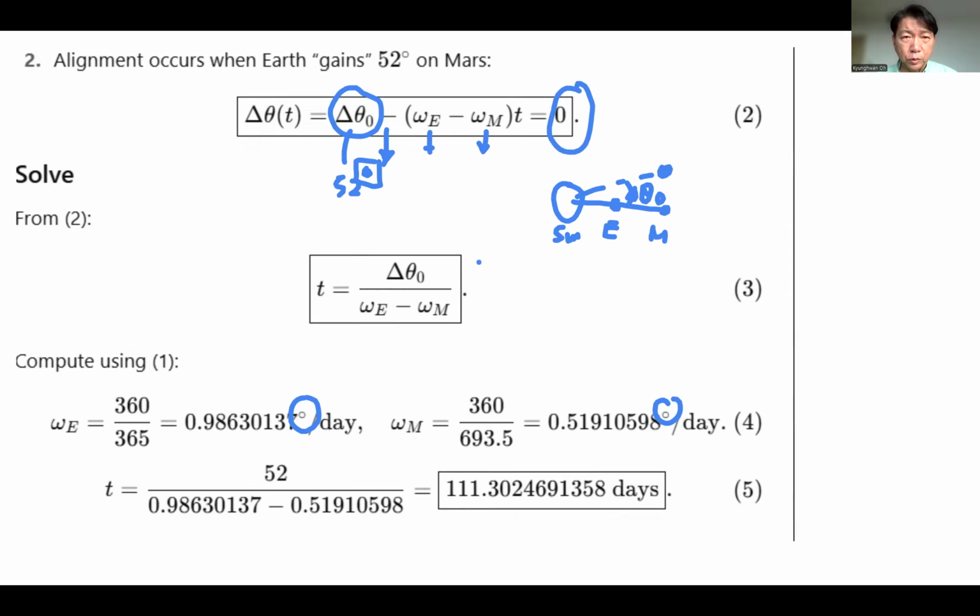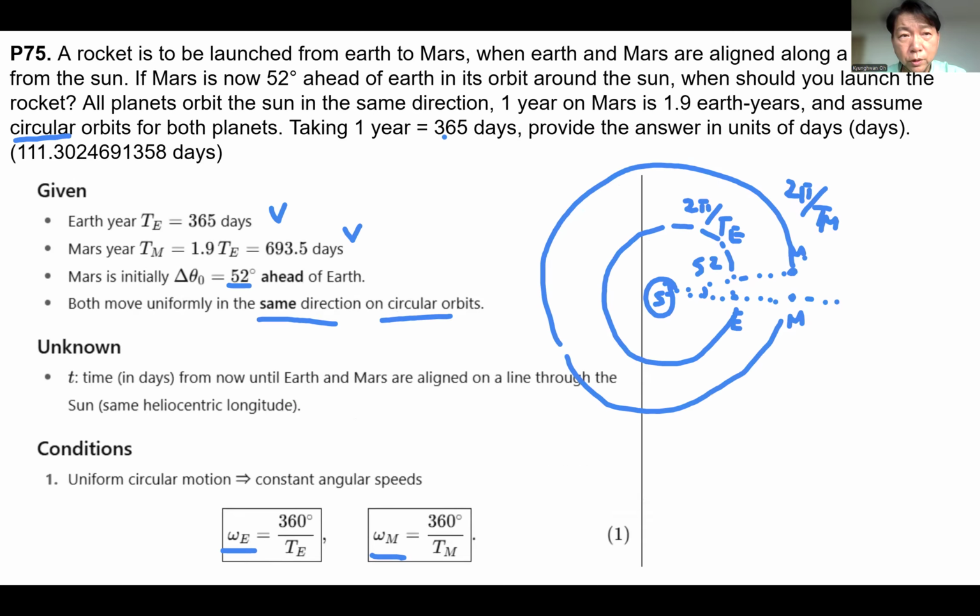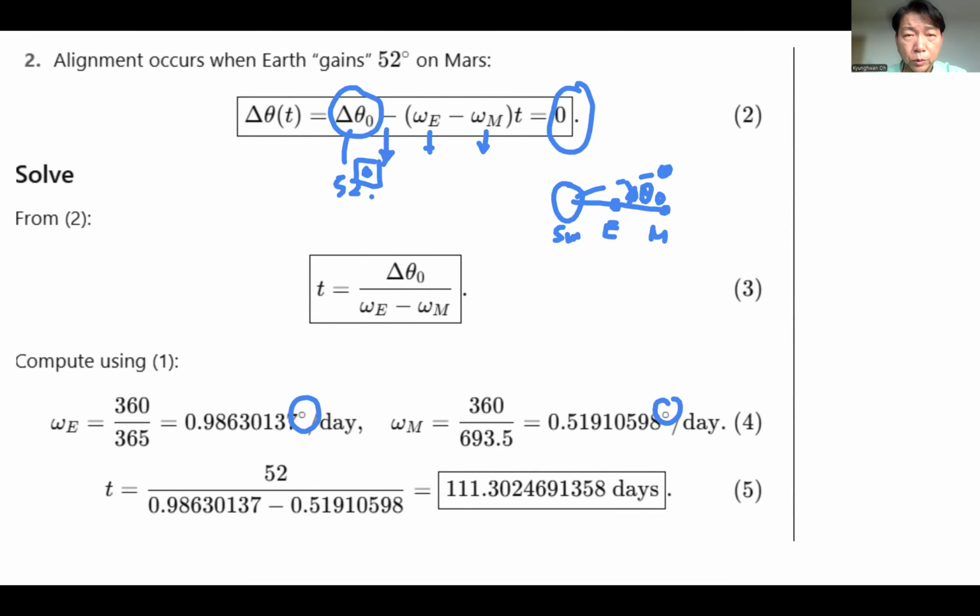But note how we match the units. If you want to keep the degree all the time, then omega_E and omega_M should be degrees per day. Okay, so that's the thing.